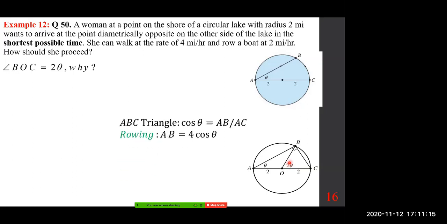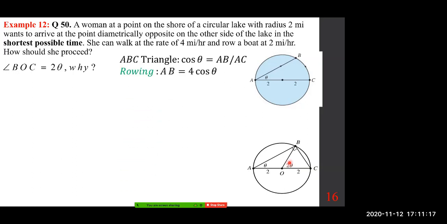So I hope everybody remembers what I'm talking about. Cosine theta is AB over AC, where AC is 2 plus 2, which is 4. If we cross multiply, AB becomes 4 cosine theta.